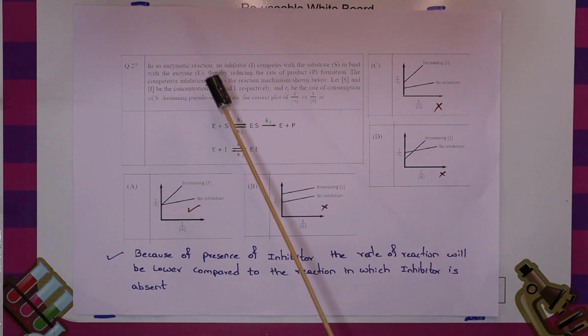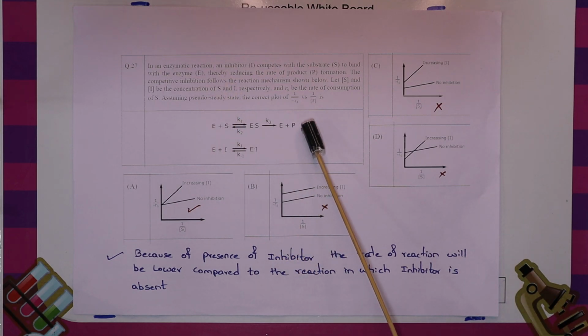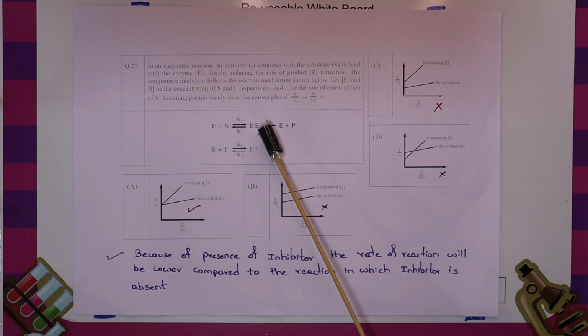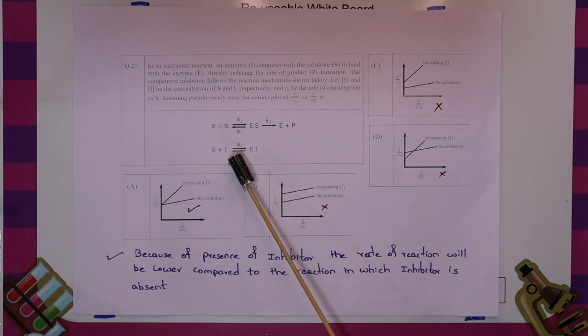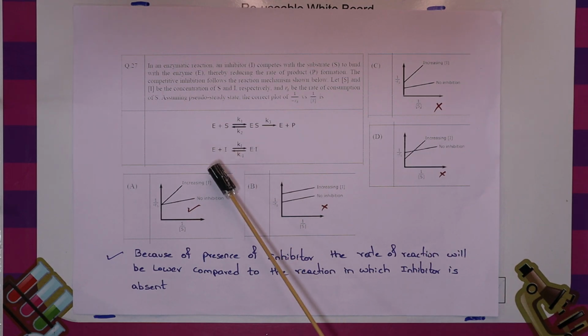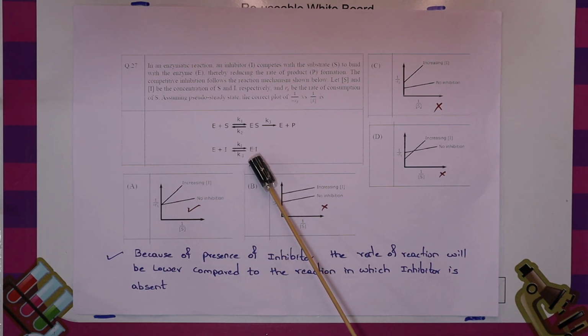Sometimes, along with the substrate and enzyme, there is a foreign molecule that inhibits the reaction. That foreign molecule is an inhibitor, represented by the symbol I. This molecule attaches to the enzyme to form E·I, an enzyme-inhibitor complex.